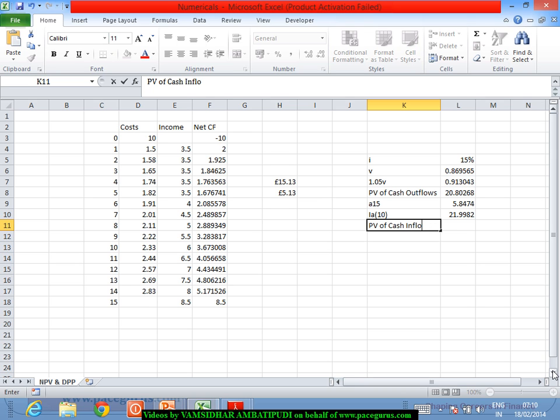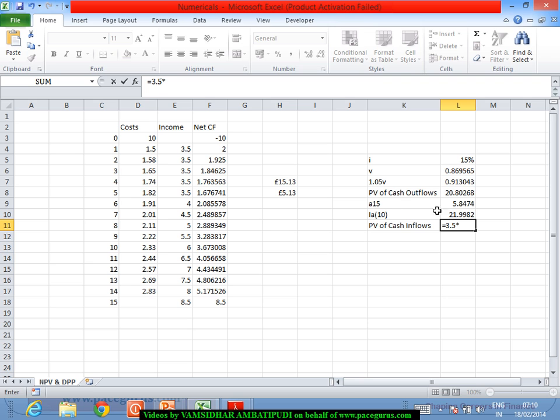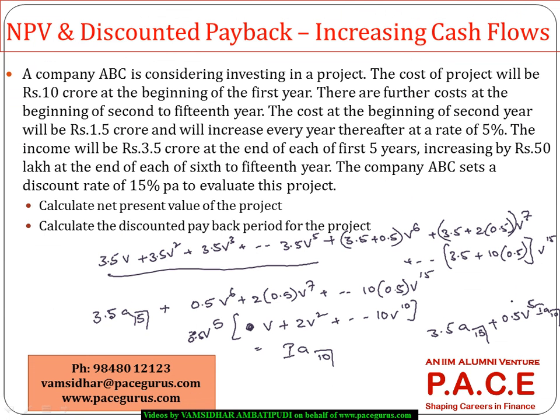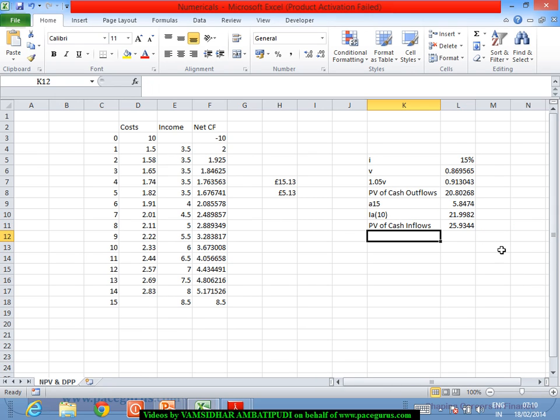The PV of cash inflows comes out as 3.5 times A15 plus 0.5 times V^5 times IA10. So my present value of the cash inflows comes out to 25.93 crores.